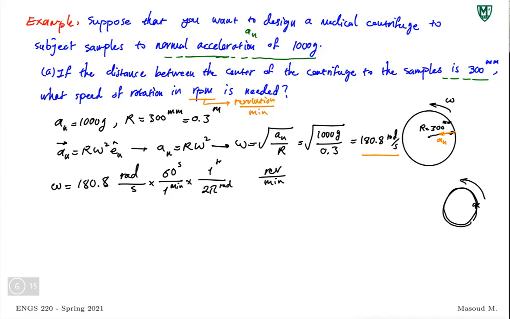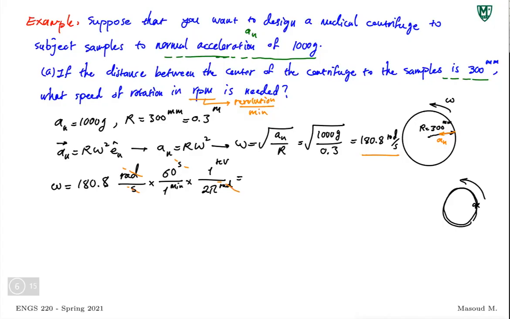You have to write it in a way that you can cancel out the units, right? Second with second, radian with radian. So one revolution is 2 pi. That's what you always do.